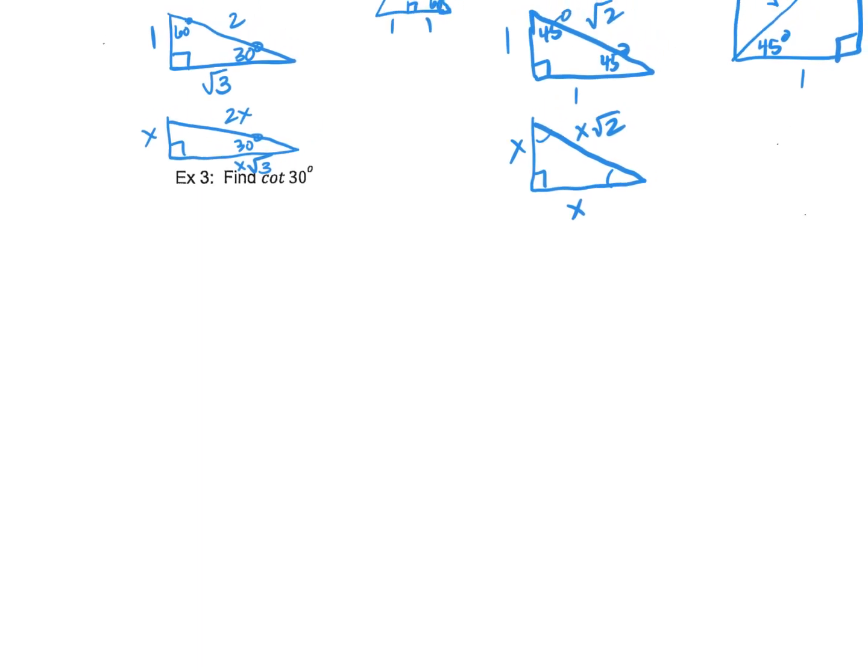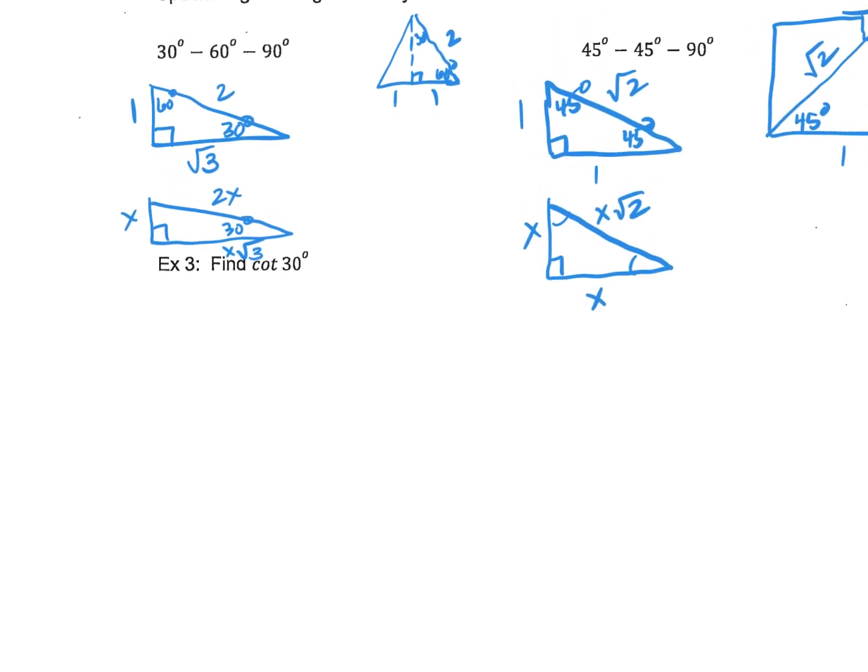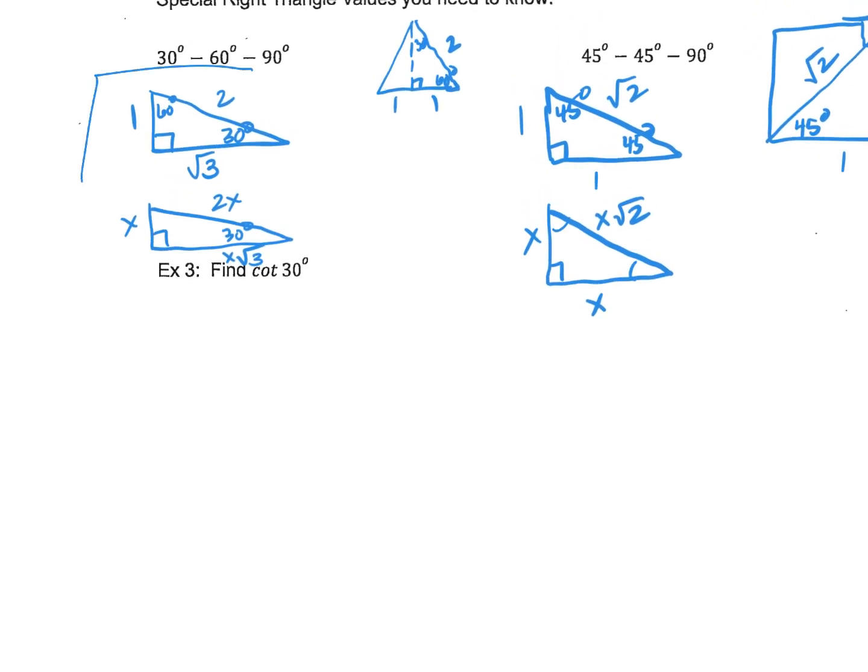So it says find cotangent of 30 degrees. Guys, all you have to know is this. Let's do tangent. What is tangent of 30 degrees?